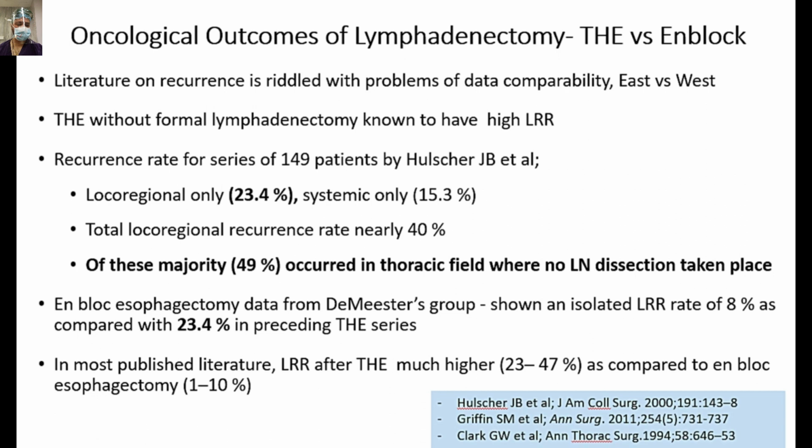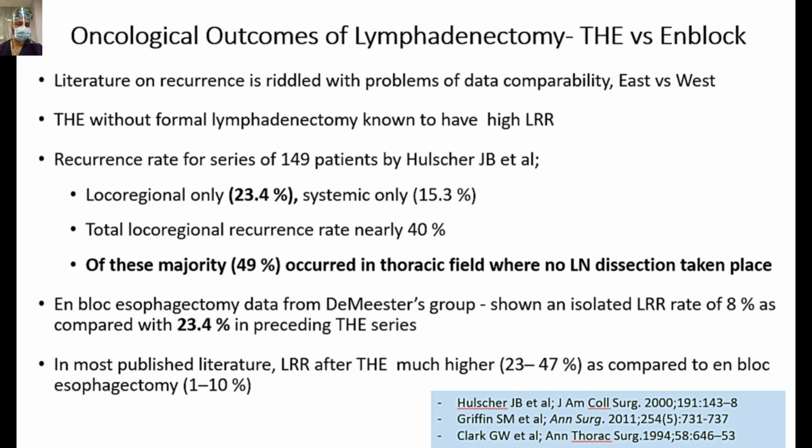Of this, the majority, 49%, occurred in the thoracic field where no lymph node dissection had taken place. The en-bloc esophagectomy data from the Altorki group showed an isolated locoregional recurrence rate of 8% as compared with 23.4% in the preceding THE series.